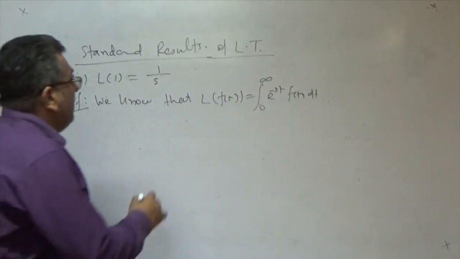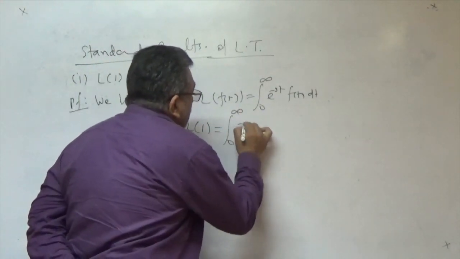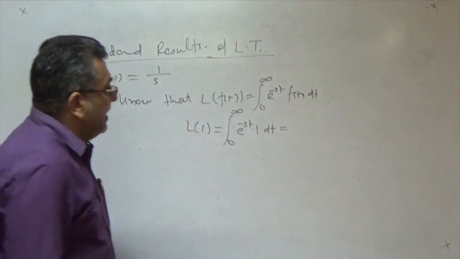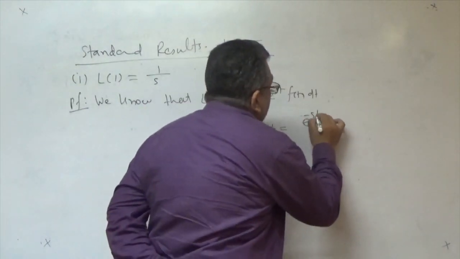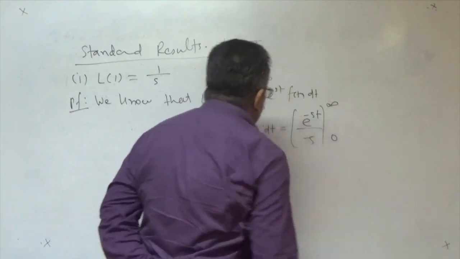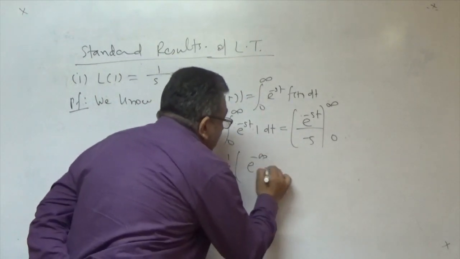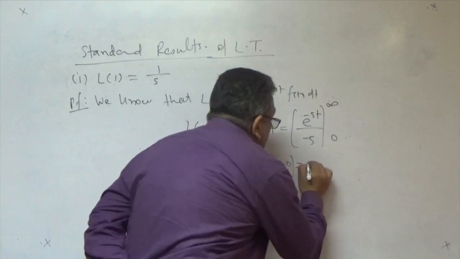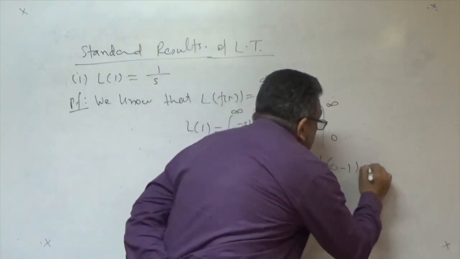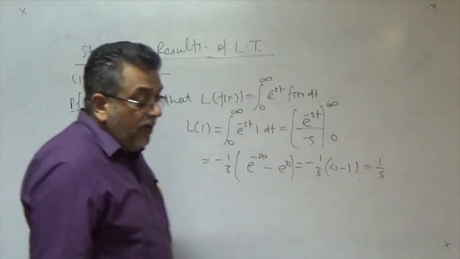Here f(t) is 1, so this is the integral from 0 to infinity of e to the power minus st into 1 dt. The integration of e to the power minus st is e to the power minus st upon minus s, with limits 0 to infinity. Taking 1 by s as common, we get e to the power minus infinity minus e to the power 0. You know that e to the power minus infinity is 0, and this is minus 1. So finally we get 1 by s. The Laplace transform of 1 is 1 by s.